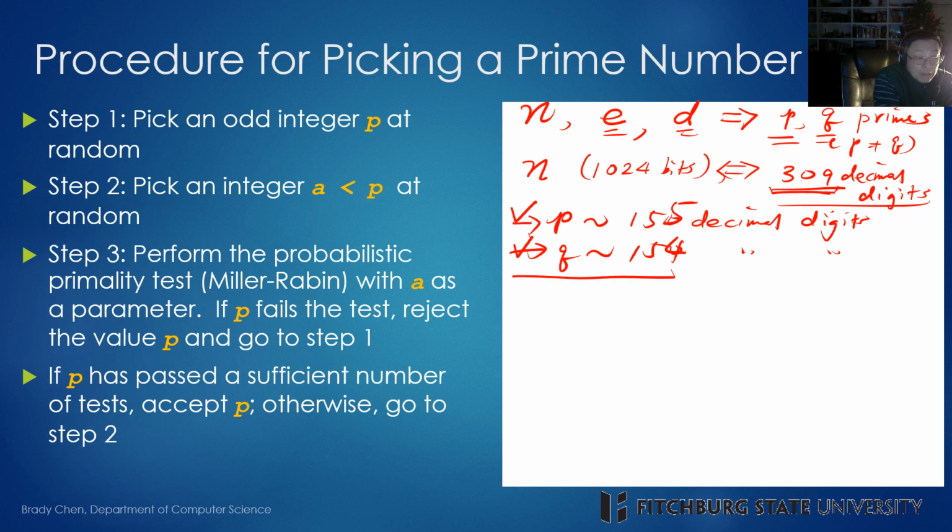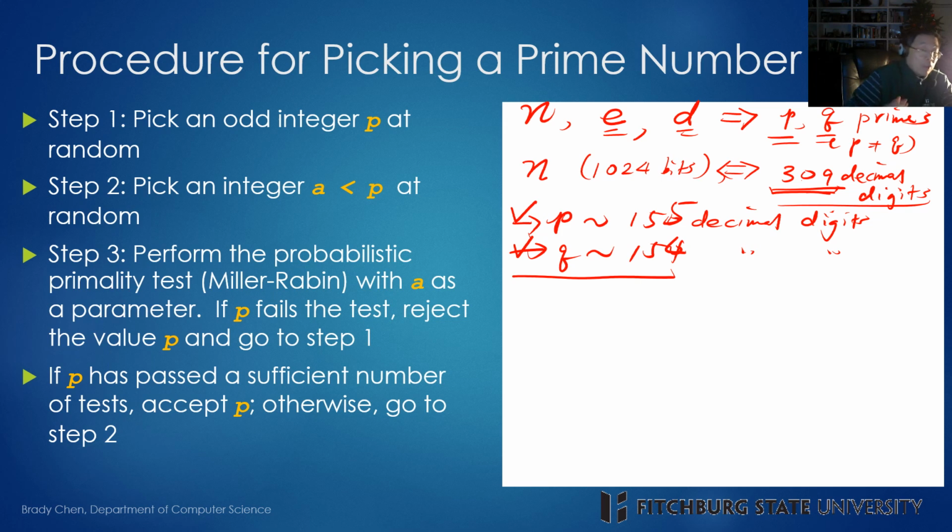To find a prime number, remember we did the analysis that with the traditional approach, you have to try dividing the number by every number smaller than it. If no number can divide p, then we can claim p is a prime number. But we know that this is computationally infeasible to do.